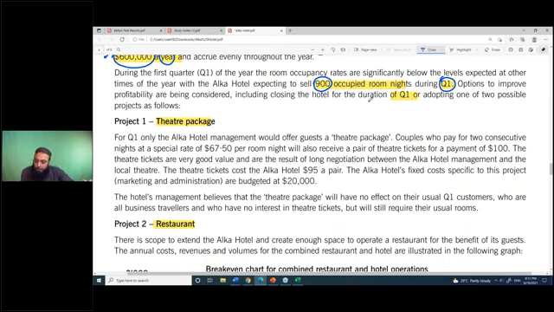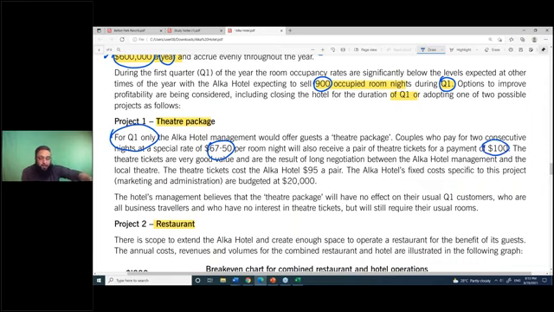This is just for quarter one only. The Elka Hotel Management would offer guests a theater package. Couples who pay for 2 consecutive nights at a special rate of 67.5 per room will also receive a pair of theater tickets for a payment of $100.